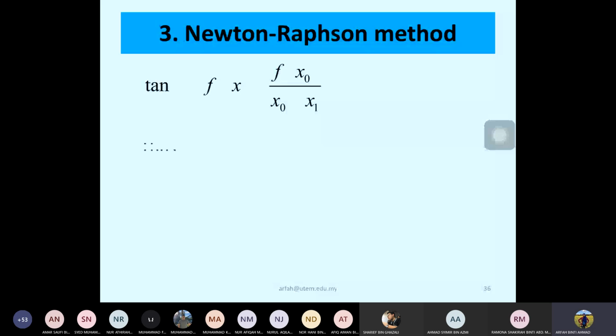Let me check for the equation. You will have the function of f of x that is equal to, sekejap dia sedang cuba buka screen freeze. Okay, sekejap.